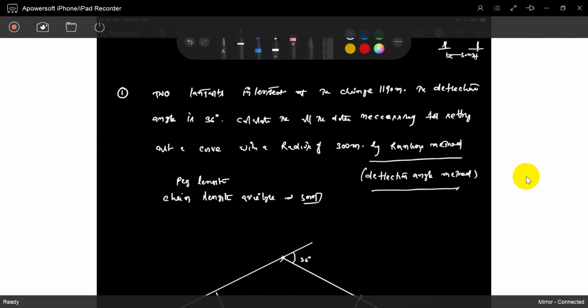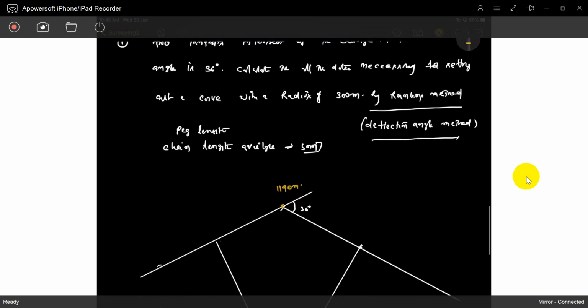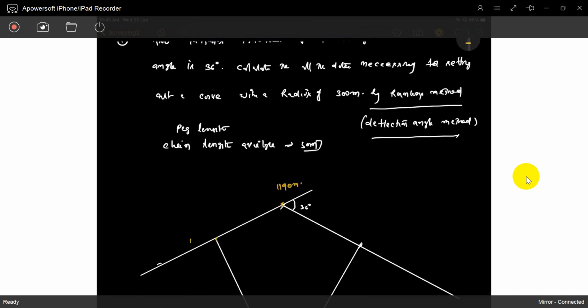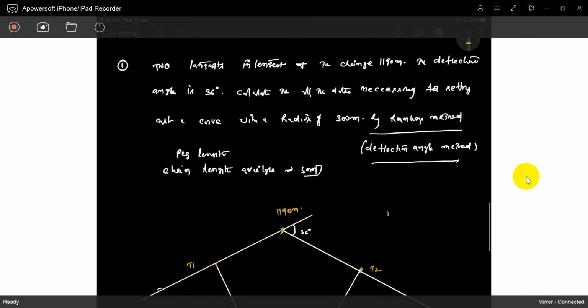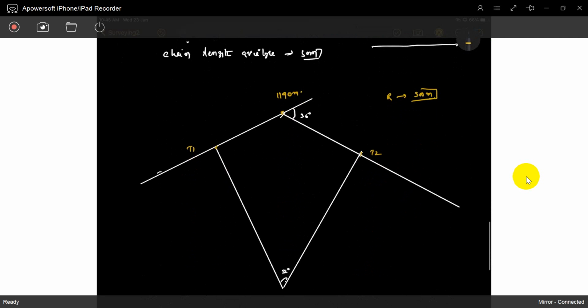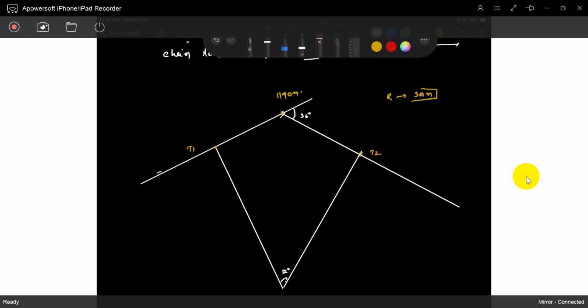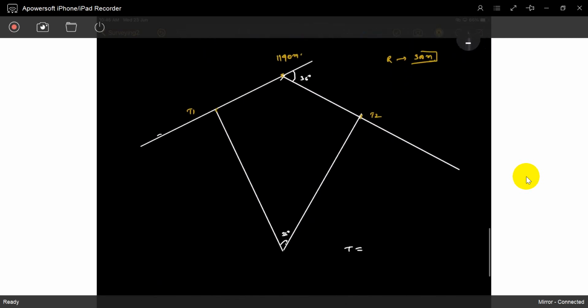So this is 1190 meters. Where do we have to start? Start from T1, point of curvature, to point of tangency. First we have to find out the tangent length, and R is 300 meters. Tangent length T is R tan delta by 2, as we already solved many times.